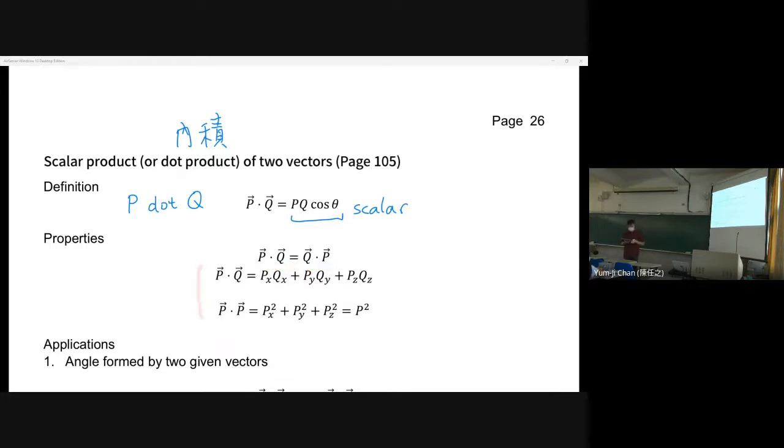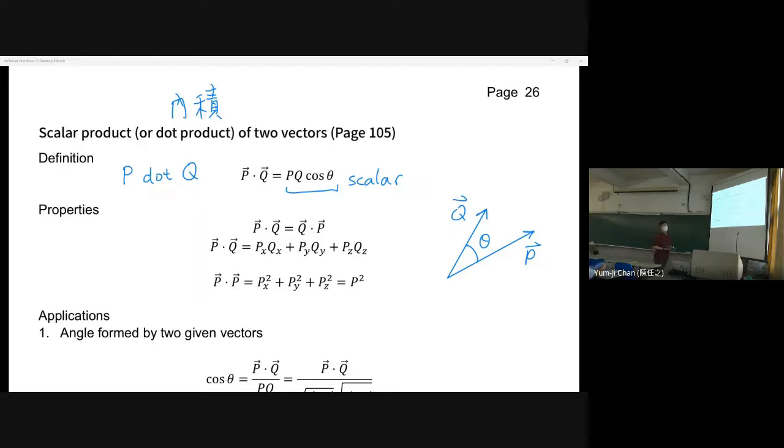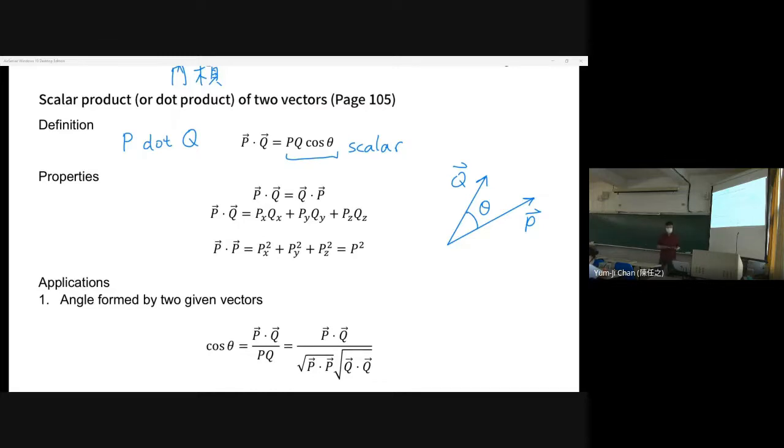So for P and Q we have here this theta. For these dot products we have different uses. The first, because we have this property, if we have a dot product of a vector by itself, for example P dot P, we arrive at the square of the magnitude of P, right?